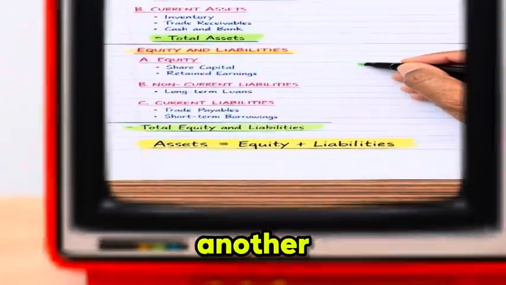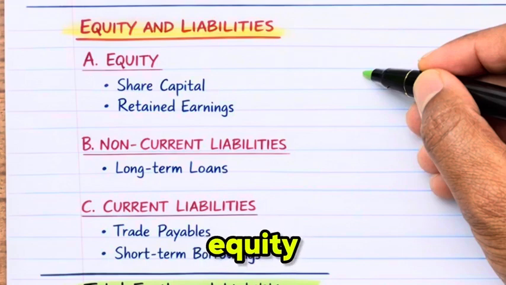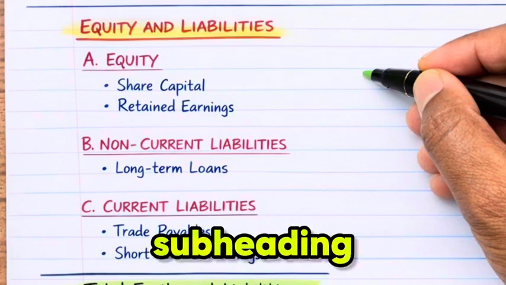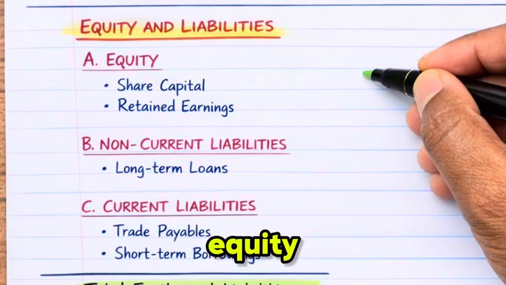Next, we go to another heading, which we call the equity and liabilities. And we'll begin with another subheading, which is equity. Under equity, we have share capital and retained earnings, and of course, all the reserves. So share capital will come in there, retained earnings, which is brought from the comprehensive income.